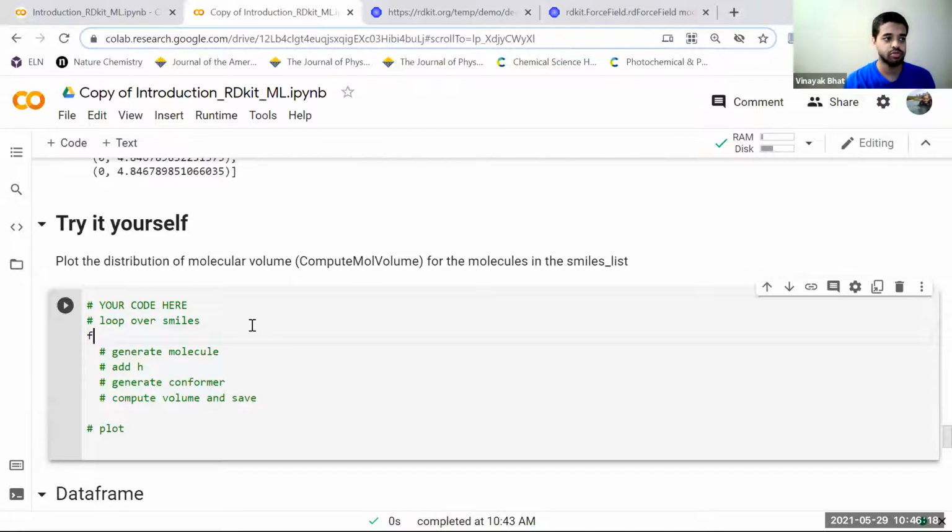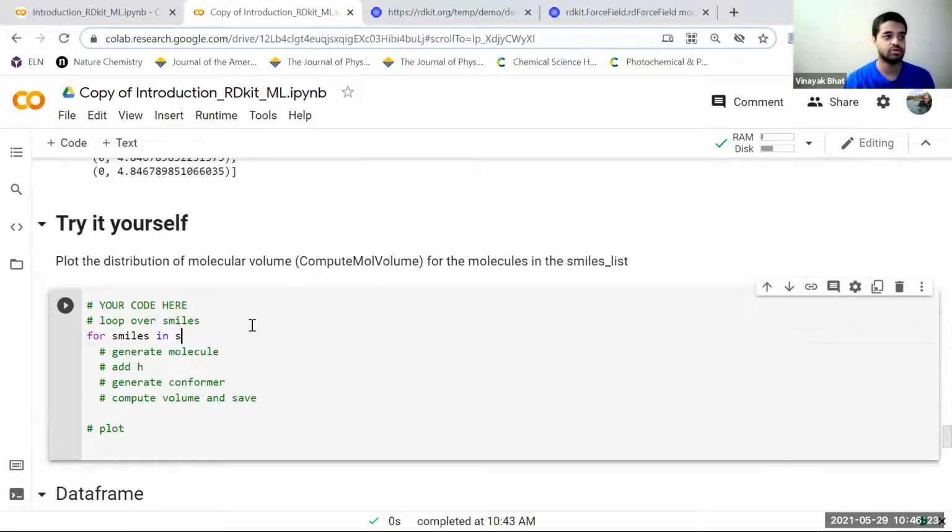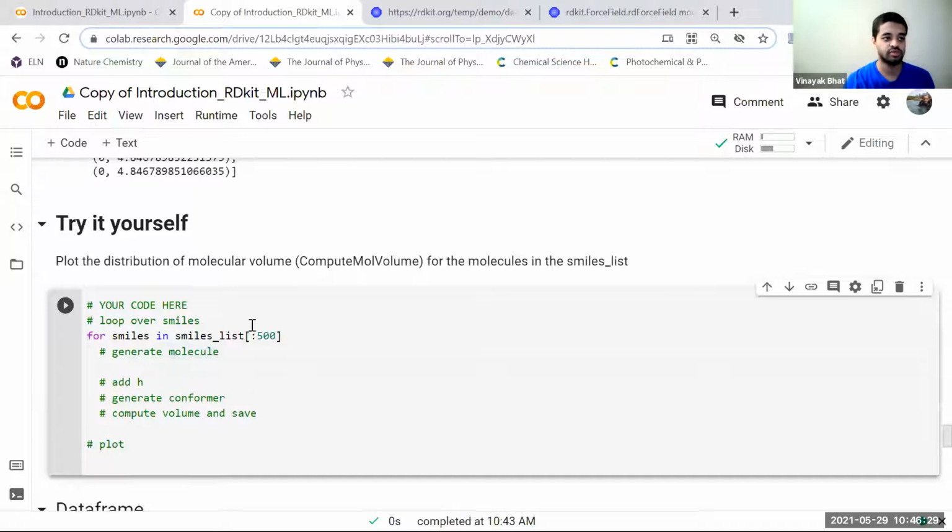For people who want to put some code for smiles in the smiles list, say 500 of those, and generate the molecule.